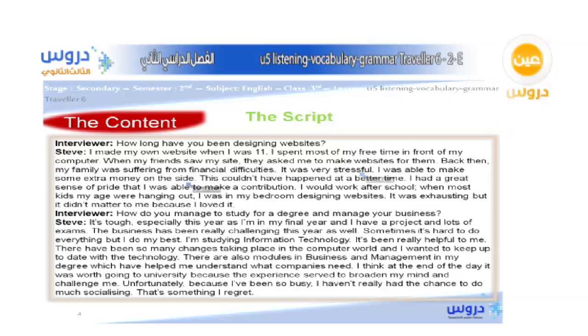I was able to make some extra money on the side. This couldn't have happened at a better time. I had a great sense of pride that I was able to make a contribution. I would work after school when most kids my age were hanging out. I was in my bedroom designing websites. It was exhausting, but it didn't matter to me because I love it.